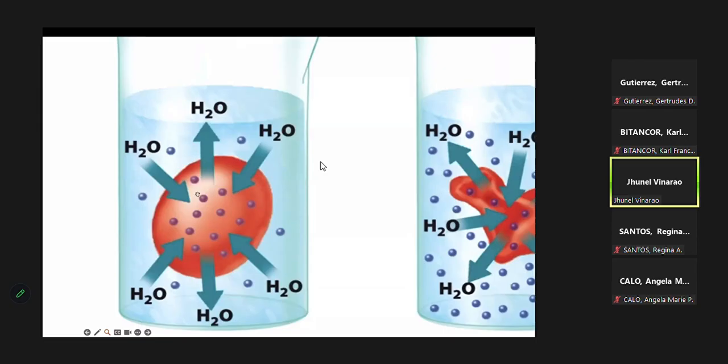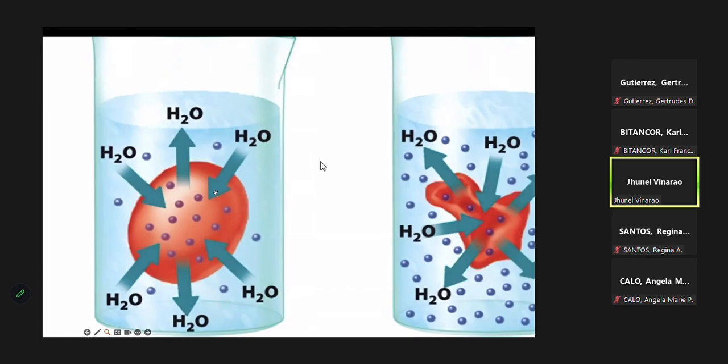If the solution is not hypotonic, what will happen?